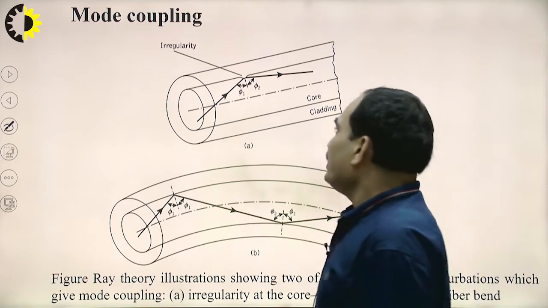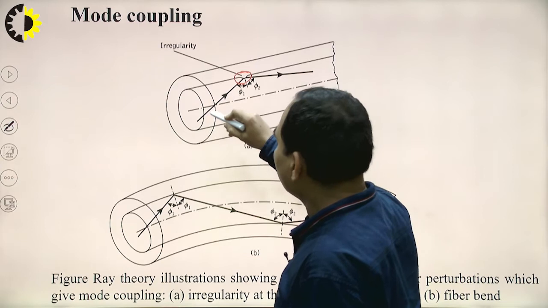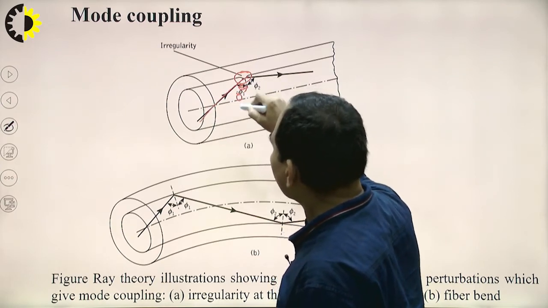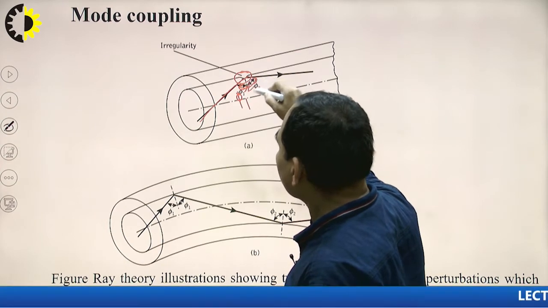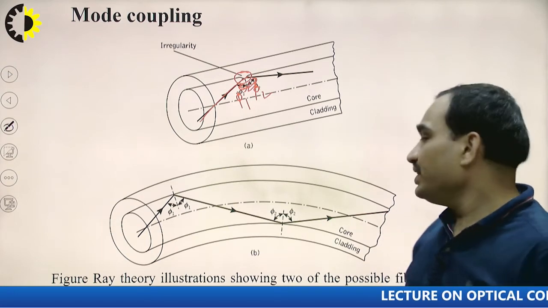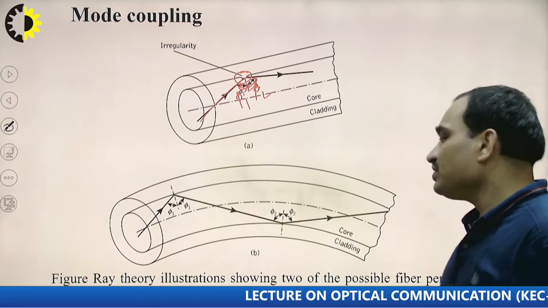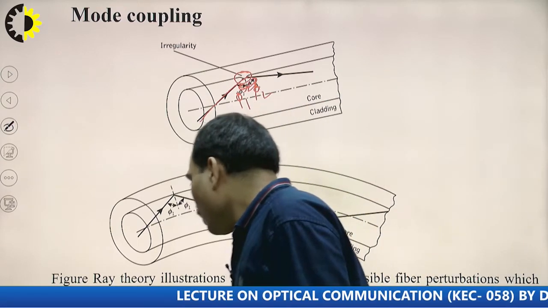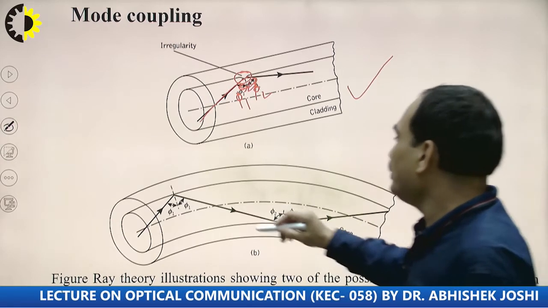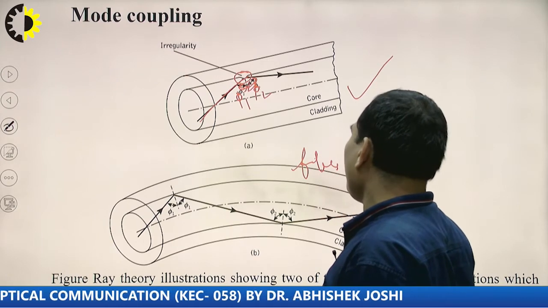As we can see in the figure, due to the irregularity in the fiber, the angle of incidence phi 1 is not equal to the angle of reflection phi 2. We are illustrating the ray theory showing the two possible fiber perturbations which give mode coupling, that is the irregularity at the core cladding interface, and the fiber bends, which may also couple the power.